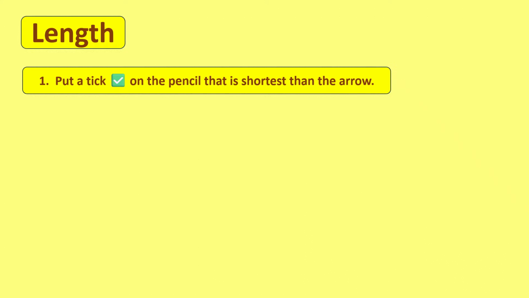First of all, put a tick on the pencil that is shortest, using the arrow. Okay, that is why we use an arrow here to measure the shortest pencil. Again, for the shortest we take more than two objects or figures here.